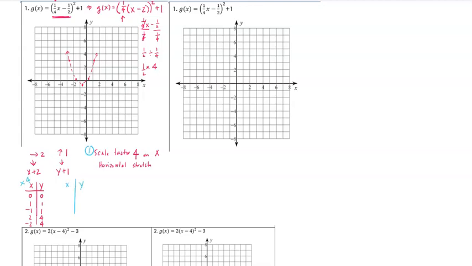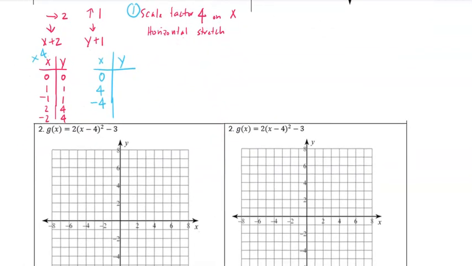I'm going to end up with a 0 and then a 4 and a negative 4. I'm kind of running out of space here. Rewrite that. We have an x and a y: 0 and 4, negative 4, and 8 and negative 8, and 0, 1, 1, and 4 and 4.